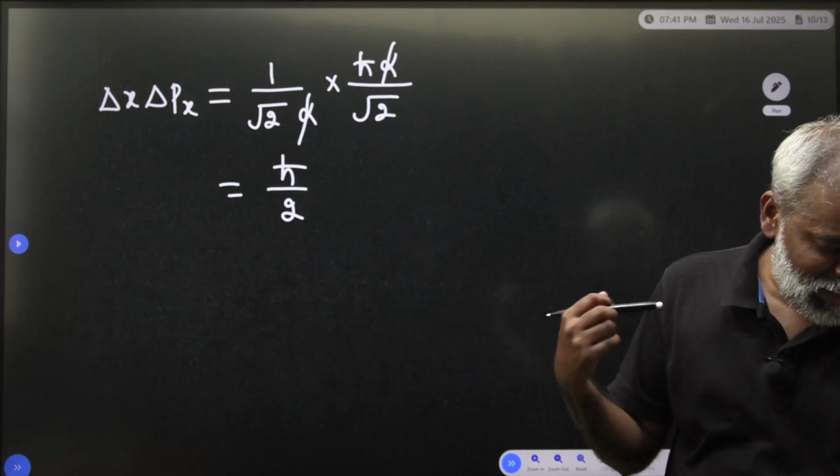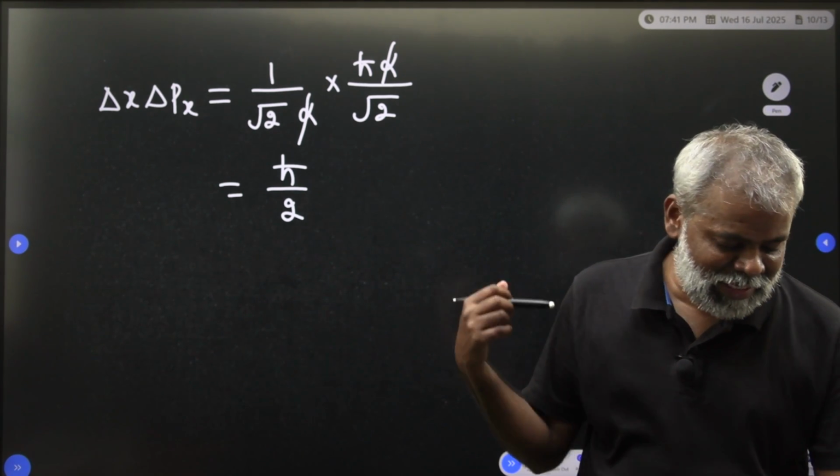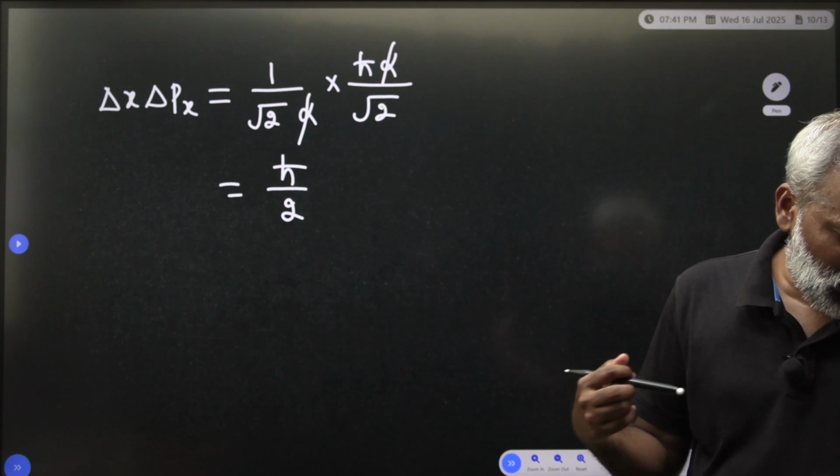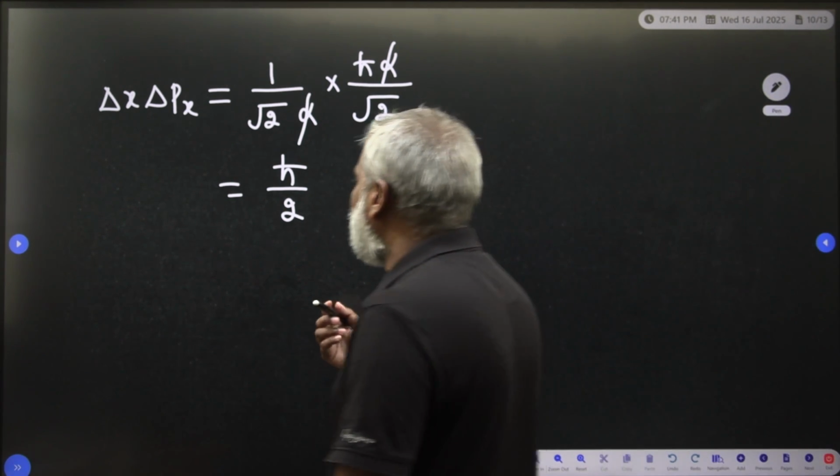This principle we call the uncertainty principle for the linear harmonic oscillator.